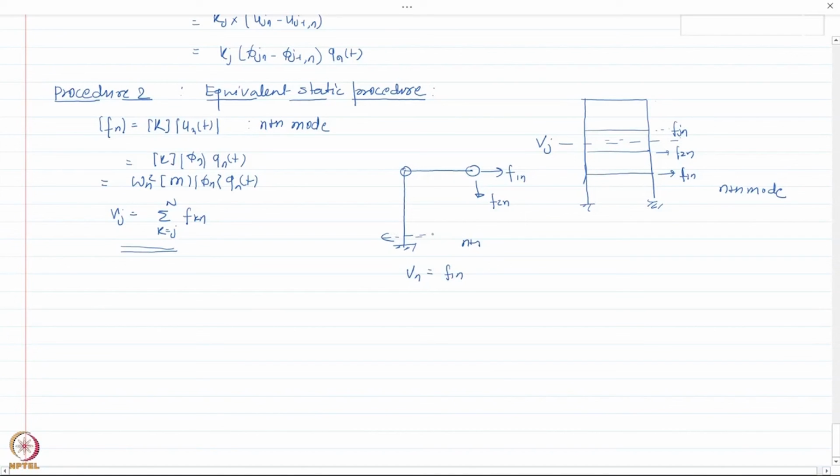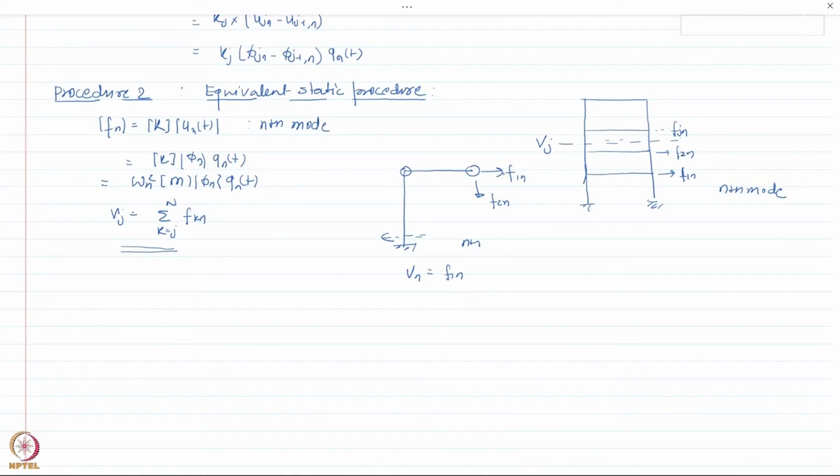So when we apply the equivalent static forces, we do not need to know the relationship between the displacement and the forces in the particular element. We can just consider the equilibrium of the structure and find out the forces utilizing the applied equivalent static forces. This can be applied to find out the internal forces and the moments in the system.